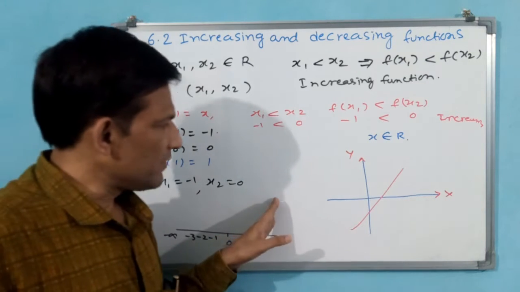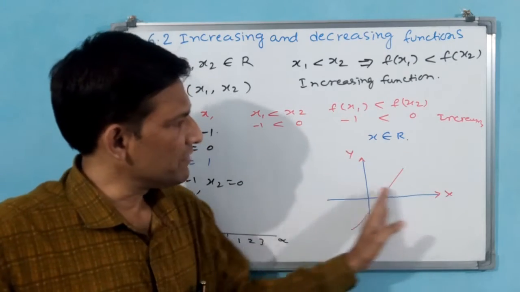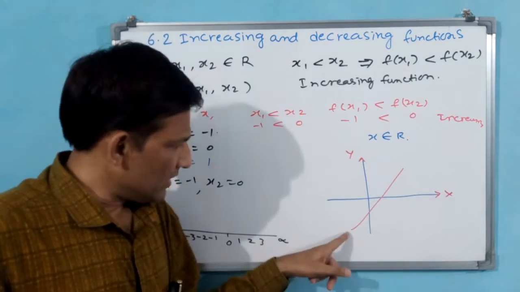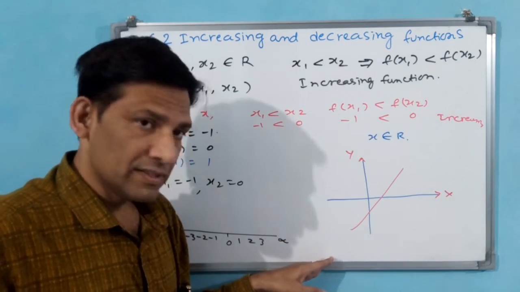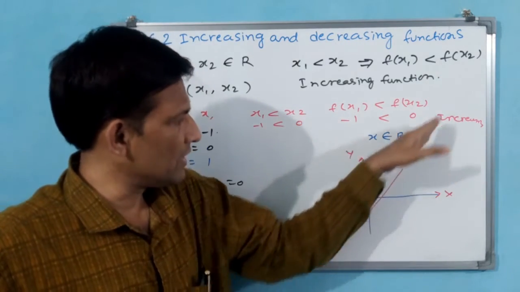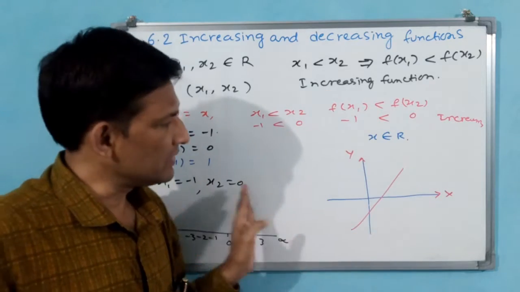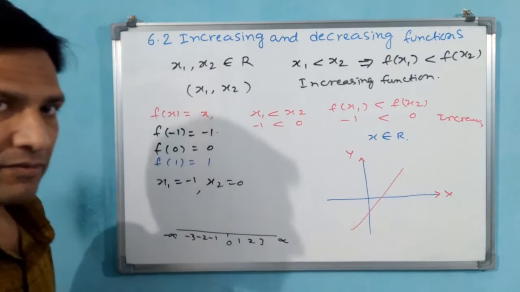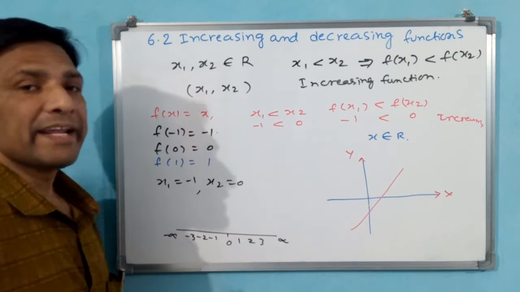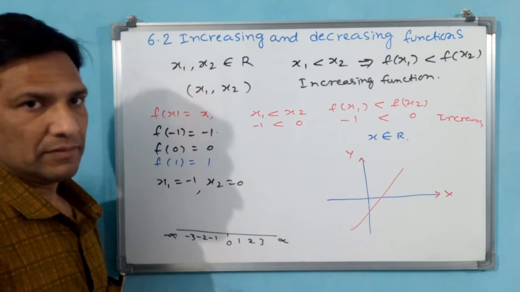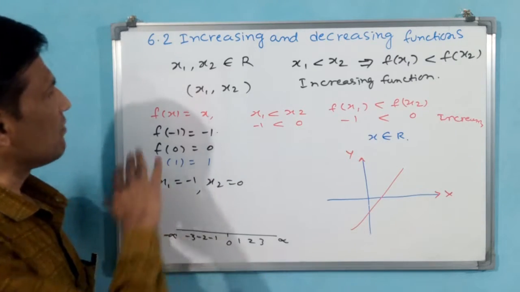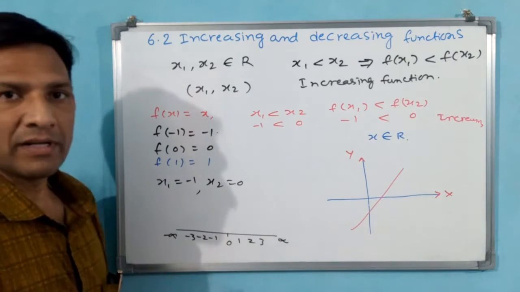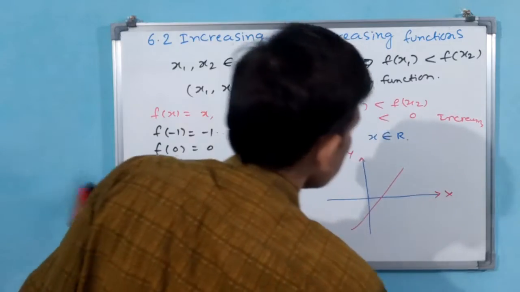See, x value from minus infinity to plus infinity goes on increasing, and y value also, minus infinity to plus infinity, goes on increasing. Y value is this one, x value is this one. Okay. This is called an increasing function. If you understand this increasing function, I am going to rub this, and again we will go for the decreasing function. Okay, let us see the decreasing function also.